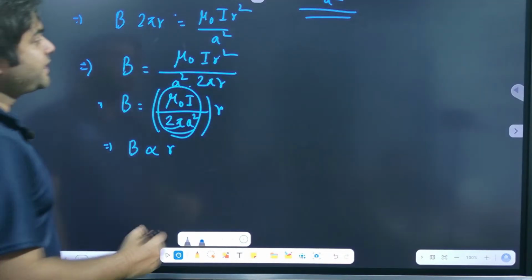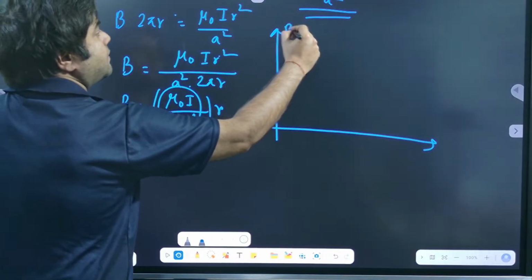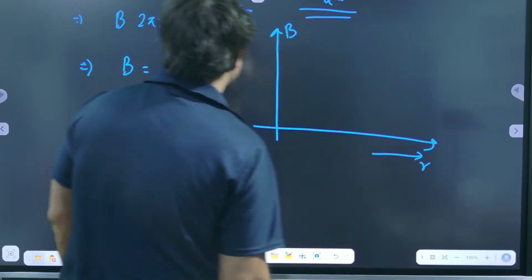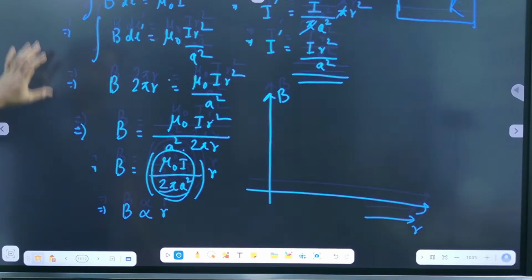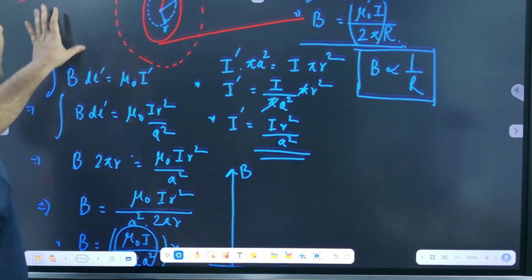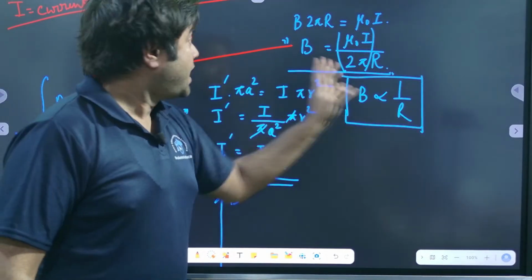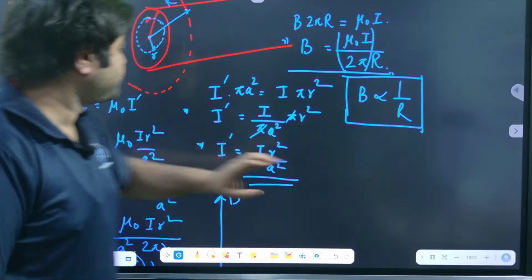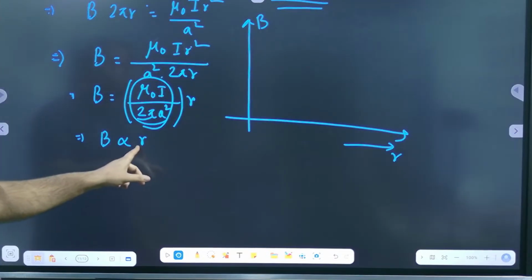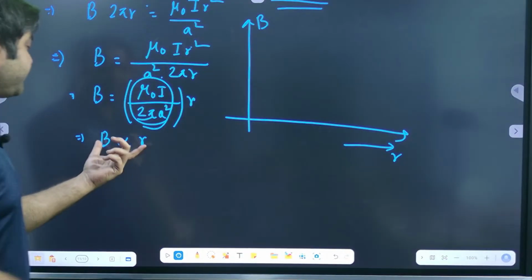If we represent this graphically, this B is your magnetic field, this axis is the distance from the center. Look, outside the conductor this B was varying exponentially, but inside the conductor there is a linear relation, a linearity that we have arrived at over here.